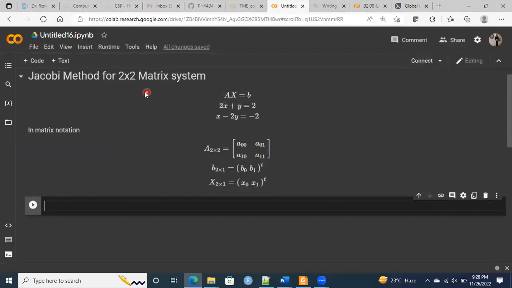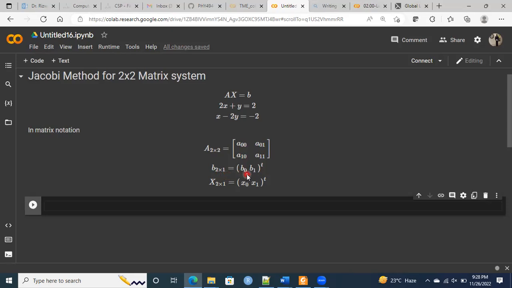So the matrix is a 2 by 2 system, Ax equals b, 2x plus y equals 2, and x minus 2y equals minus 2. Since Python index for arrays starts from 0, the matrix form of this system would be written as A00, A01, then A10 and A11.